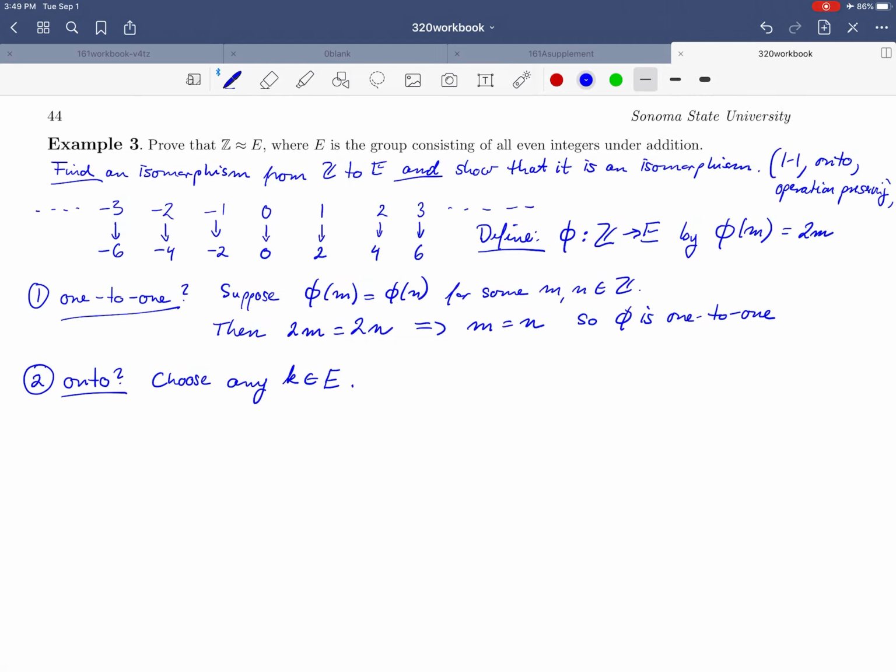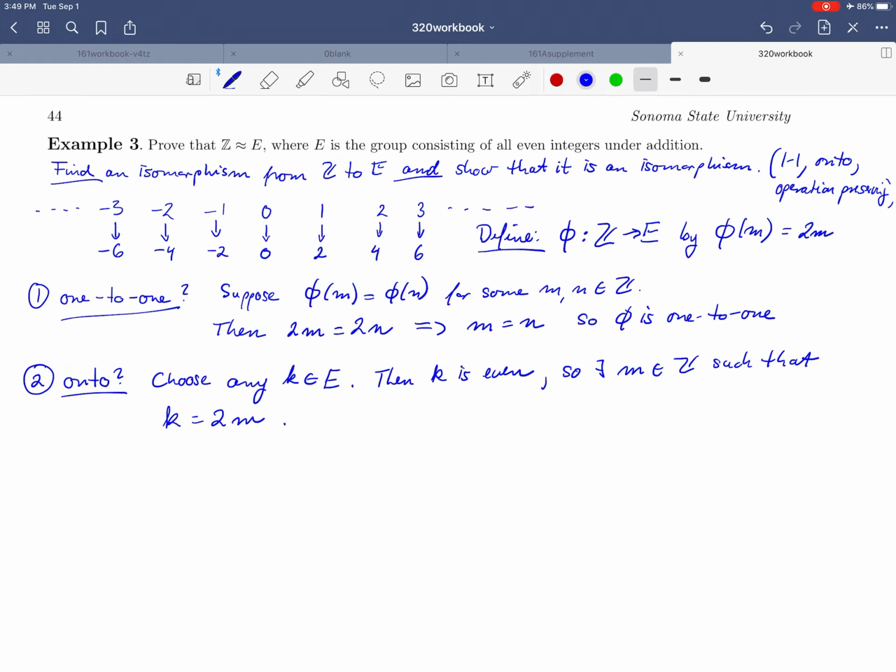So where does it come from? Well, if K is in E, that means it's even. But if it's even, then we have to write it as 2 times something. So there exists an m in Z such that K is equal to 2m.